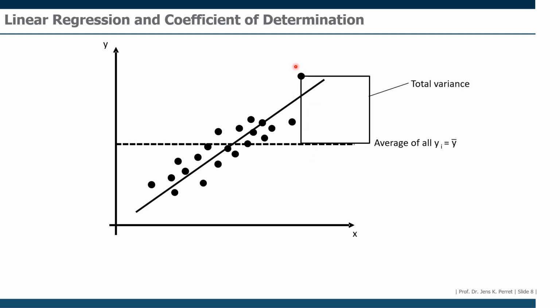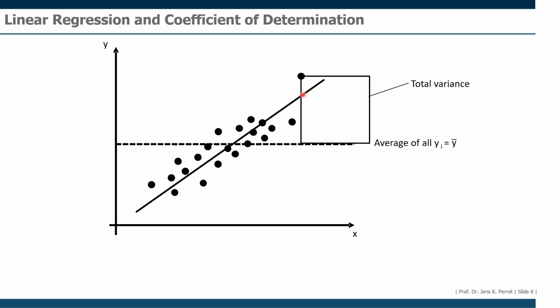So if we consider this data point, if we do not know anything, how much we would have to guess, how much we would be off. That's the total variance, so to speak, of y, because variance is nothing else than the distance of a data point from its average, and then the whole thing squared.